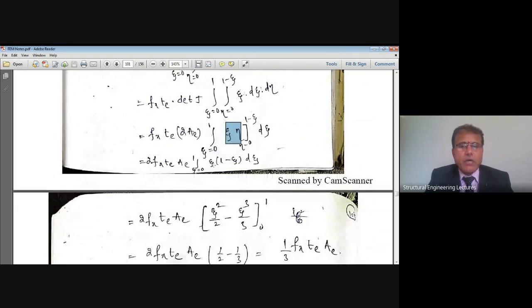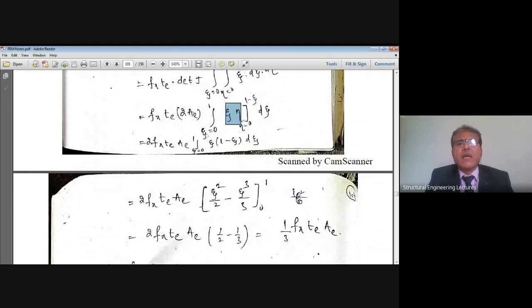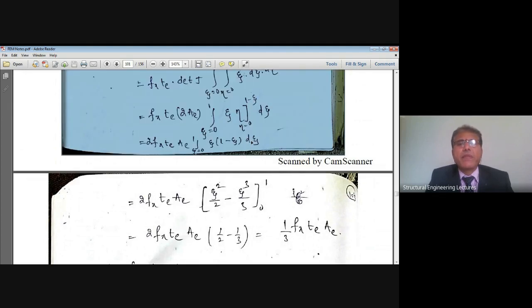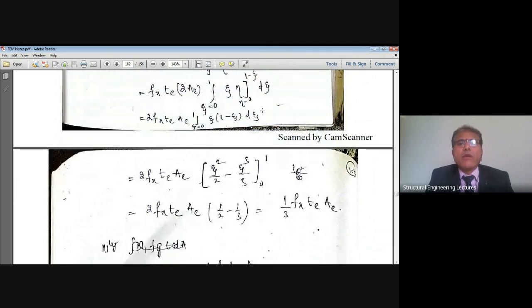If I integrate this with respect to eta, I'll get xi multiplied by eta, with bounds 0 to 1 minus xi. Substituting lower bound and upper bound, that leads to xi multiplied by 1 minus xi d xi, right? Then let us integrate this with respect to xi. Then I'll get xi squared by 2 minus xi cubed by 3, from 0 to 1, lower and upper bound.